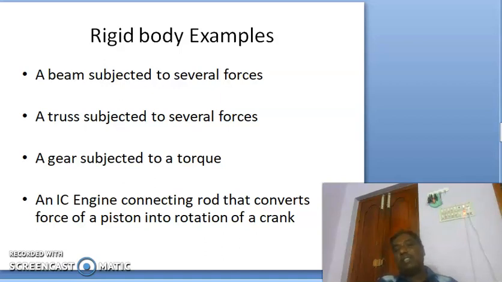These are typical examples of rigid bodies. Of course, these are typically rigid bodies as per engineering idealization. So here we have examples under both statics as well as dynamics.